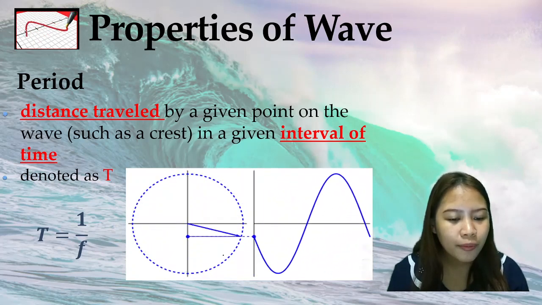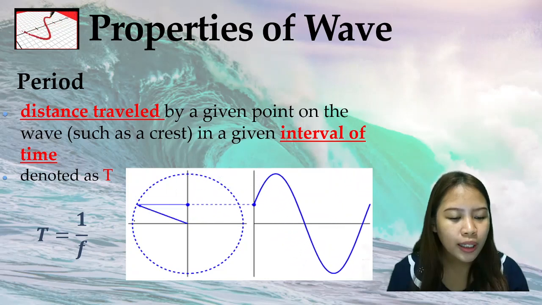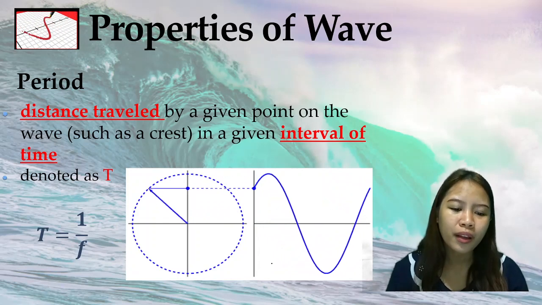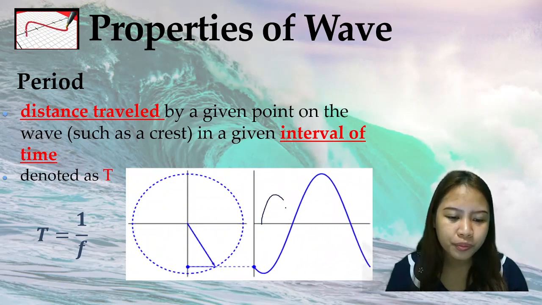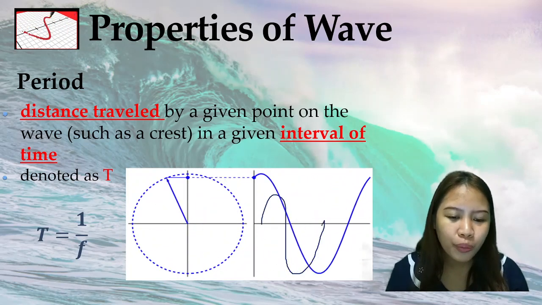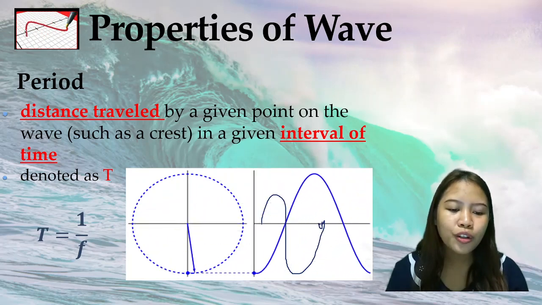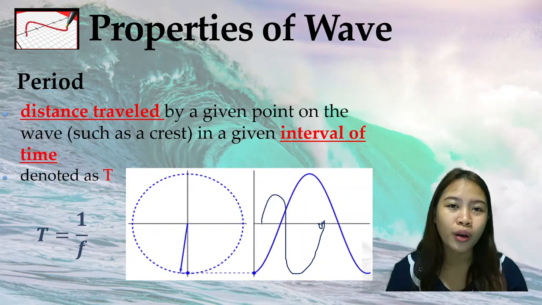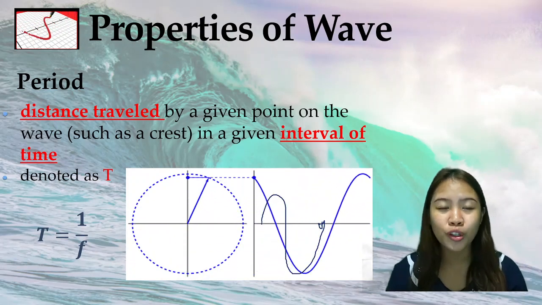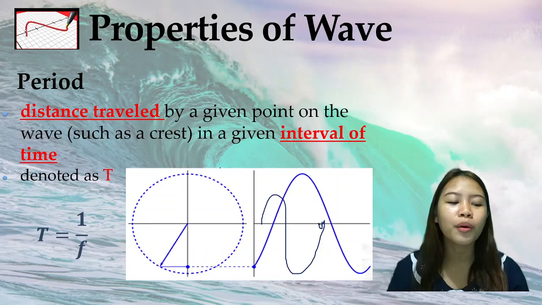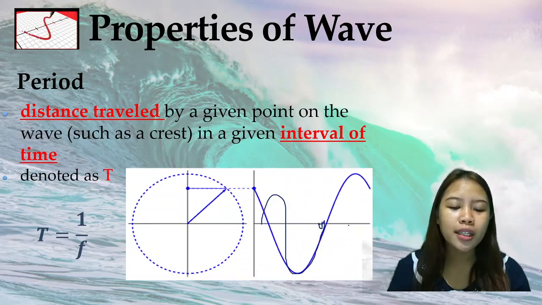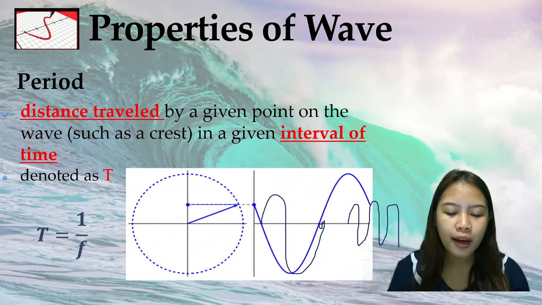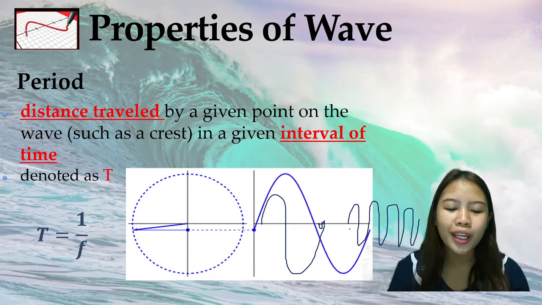Is it 1 second, 2 seconds, 3 seconds? That is our period. Whereas in the frequency, how many waves are completed in 1 second.